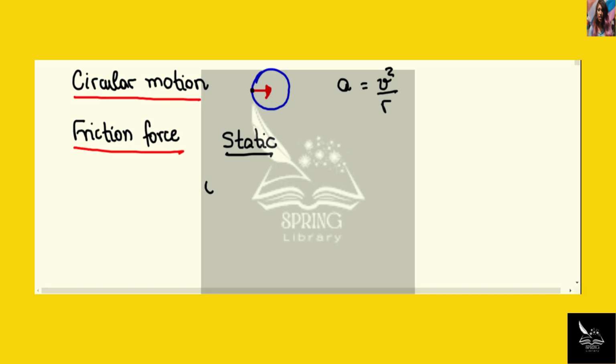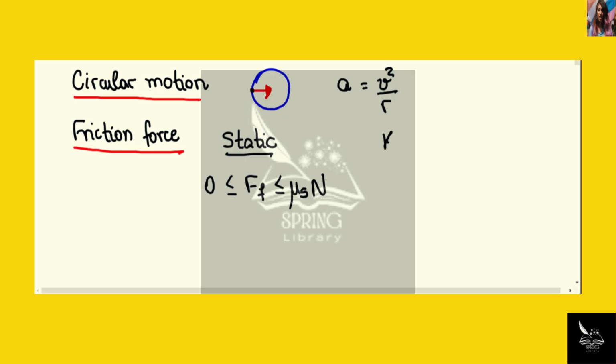And this friction varies from the value of 0 to a value of μs times the normal, where the normal is the force that the surface exerts on the object. Okay, and if the force that acts upon the object is greater than the static friction force, then the object starts to move.